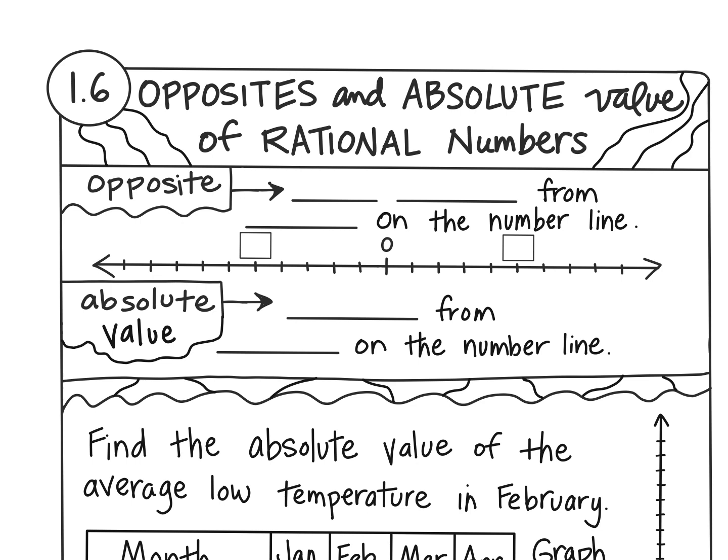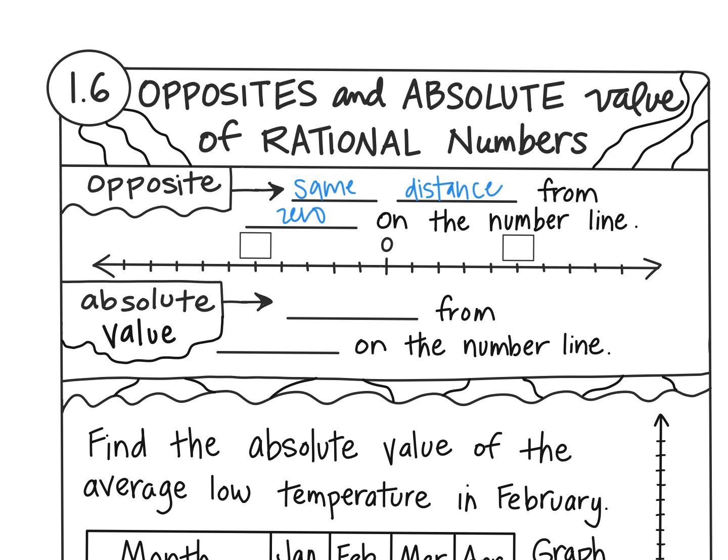3, 2, perfect. Okay, now we are taking our knowledge of rational numbers and applying our knowledge of opposites and absolute value to them. So just reminding you, opposites are the same distance from 0 on the number line.